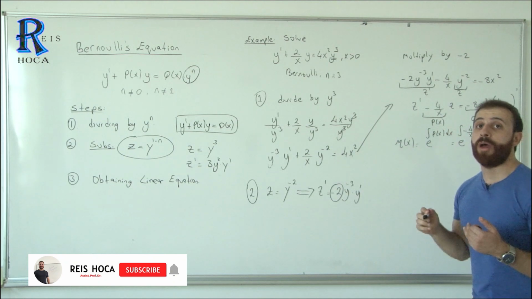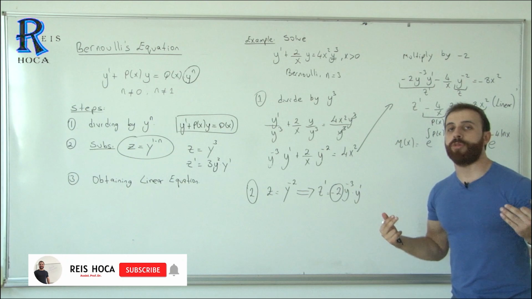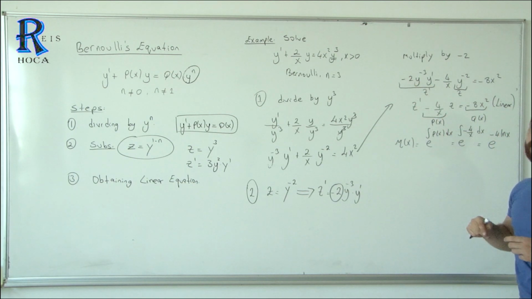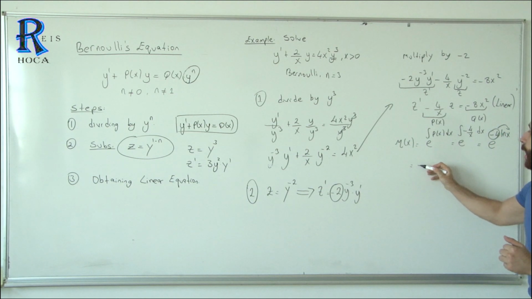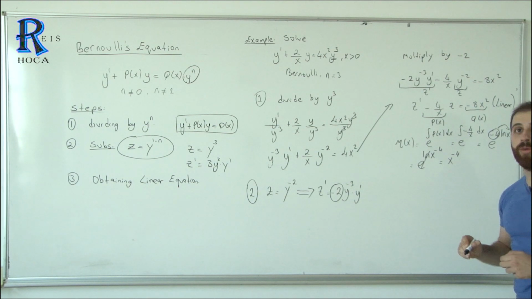Normally, for the logarithmic function we have to put absolute value to make it positive, but here it's not necessary, because if we say x is positive, it is already positive. So minus 4 goes as a power: exponential of ln x to the power of minus 4, remove, and we get x to the power of minus 4.